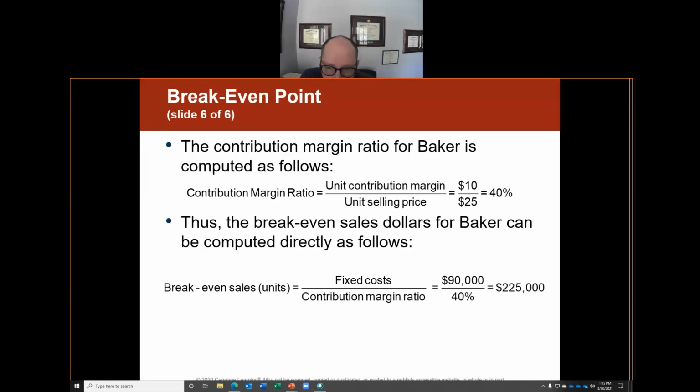Now, if I apply that to the break even for sales dollars, my fixed costs are $90,000 divided by my contribution ratio of 40%. That means I need to sell $225,000 in order to break even.